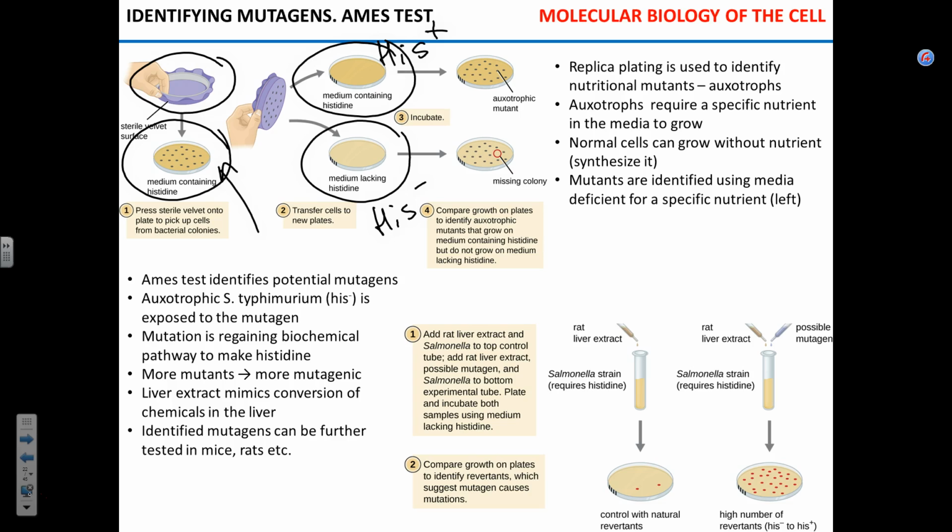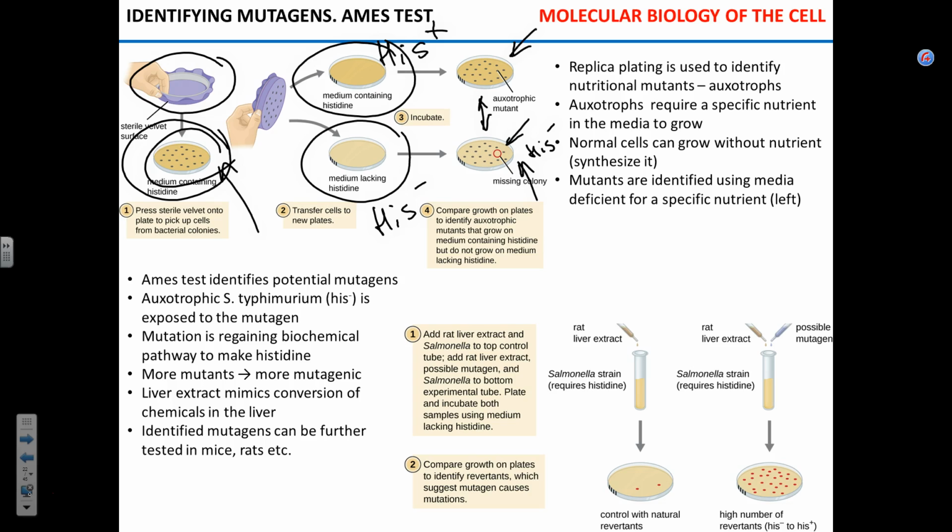So then you look at the colonies. Obviously, the medium that has all amino acids, including histidine, will support growth of all kinds of bacteria. Well, I mean, it's all Salmonella, okay? But if you look at the plate which does not have histidine, you may notice, if you compare them, that some colonies are going to be missing.